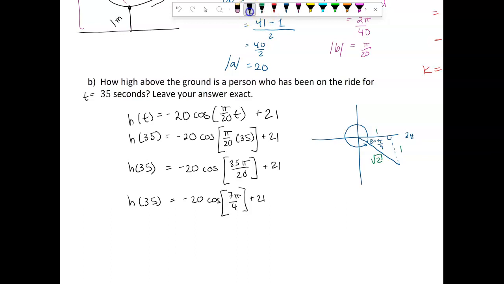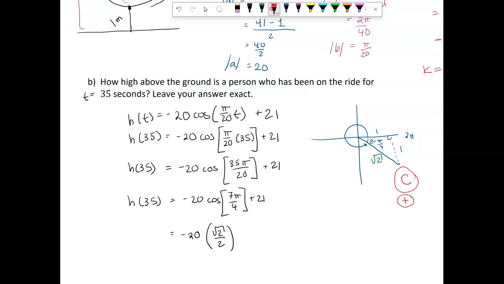So then when we plug that in, we're going to do negative 20 cos of pi over 4. And cos of pi over 4 would just be root 2 over 2. If we think about the CAST rule, we are in the C quadrant, which means that our value is going to be positive.